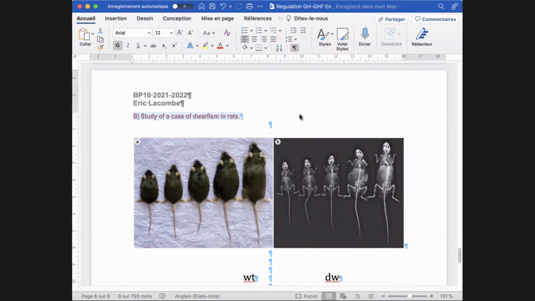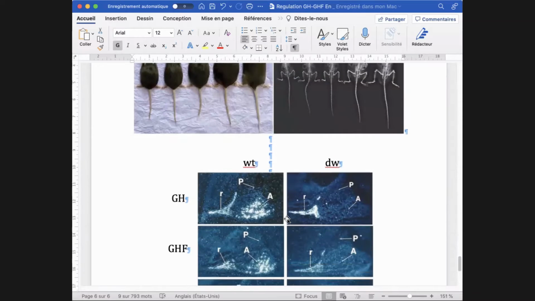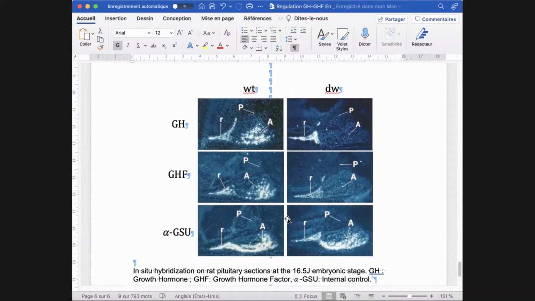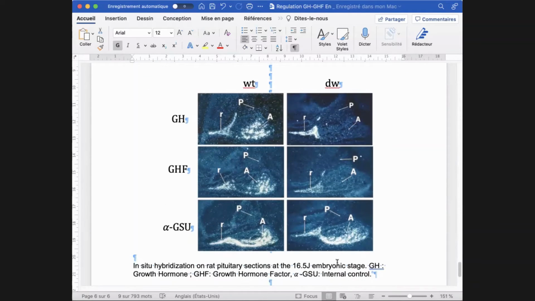We have normal rats and dwarfed rats, and the idea is to understand, using only these in situ hybridization results, why these dwarfed rats are dwarfed.